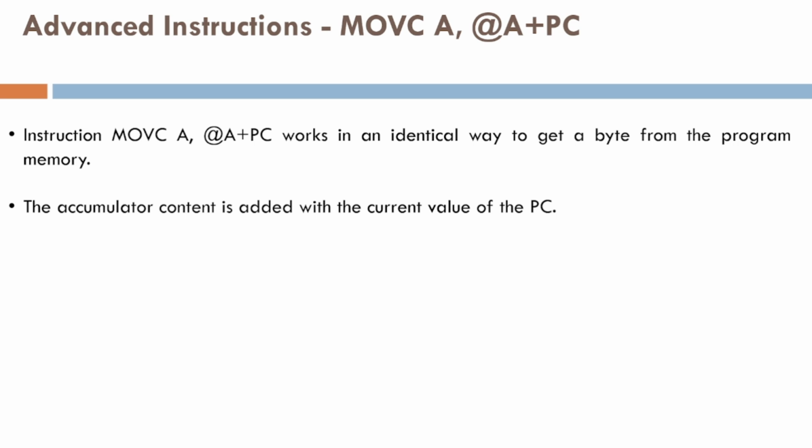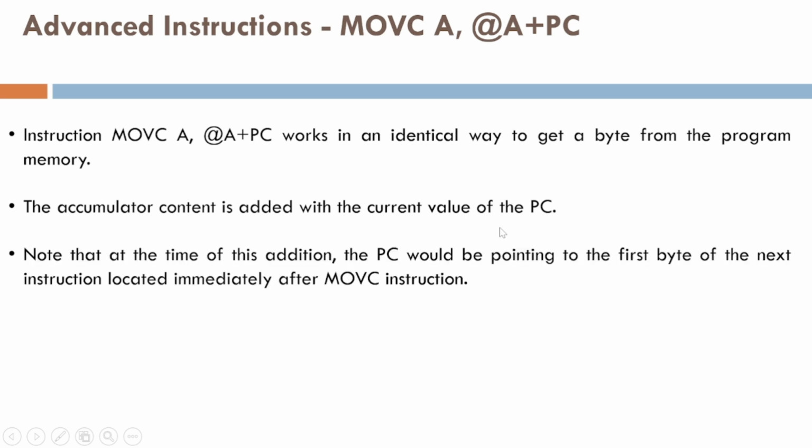The address of the program counter automatically increments to the next one. So the next address that is presently in the program counter will get added with the content of the accumulator. Let's see how it happens.